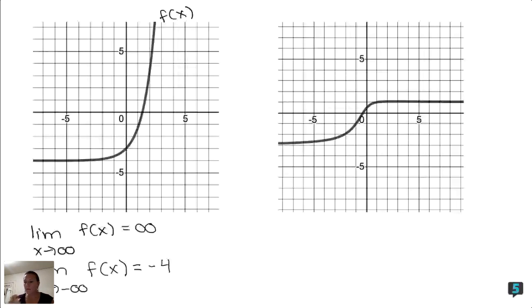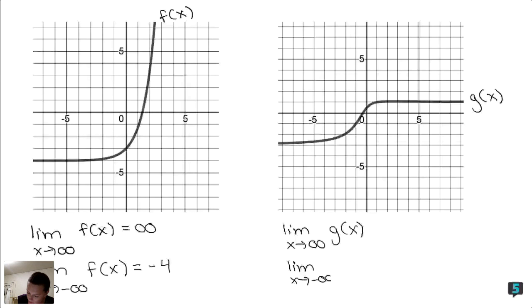Let's call this next graph g of x. We want to look at the limit as x approaches infinity of g of x, and we also want to look at the limit as x approaches negative infinity of g of x. Go ahead and on your own, take just a couple seconds to decide what you think these two answers are.